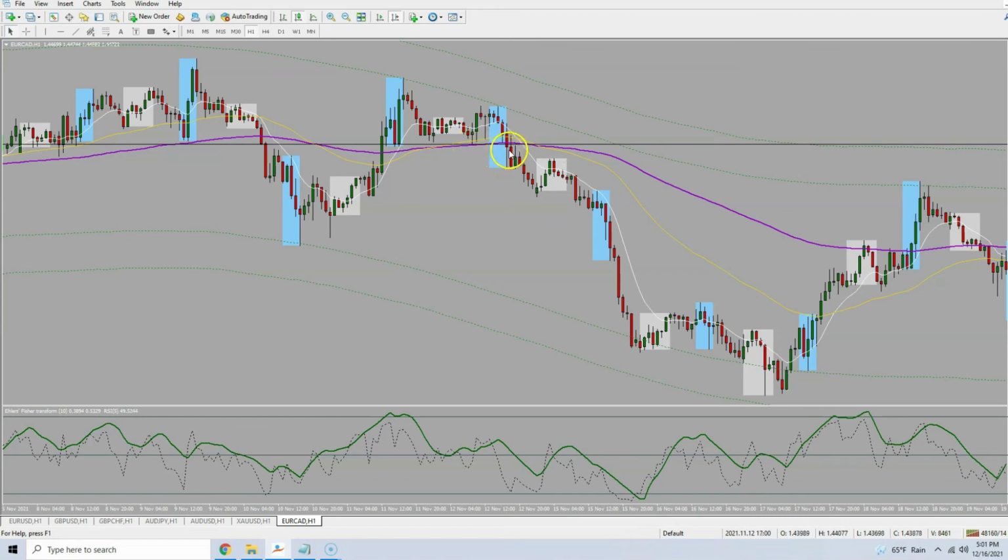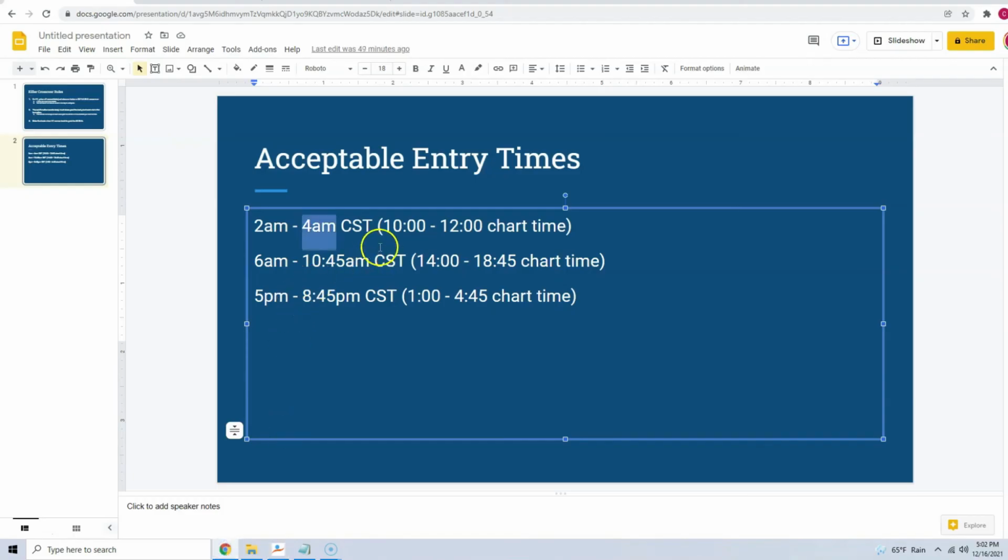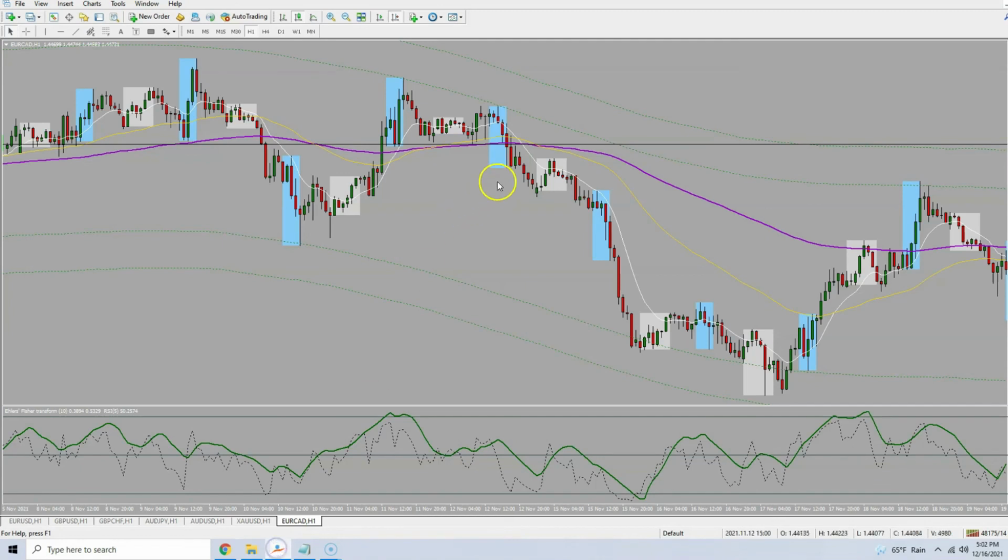And then the very next candle, so in the same session within New York, and this probably happened right at 10 o'clock a.m., which is almost at the end of our acceptable New York trading times. So we got up until 10:45 Central Time to take that trade.